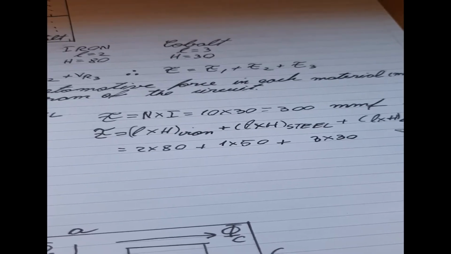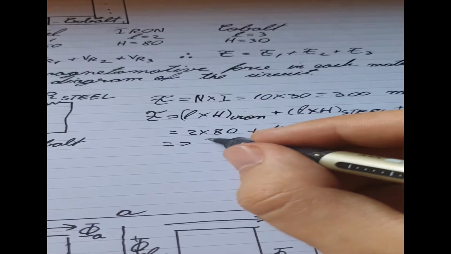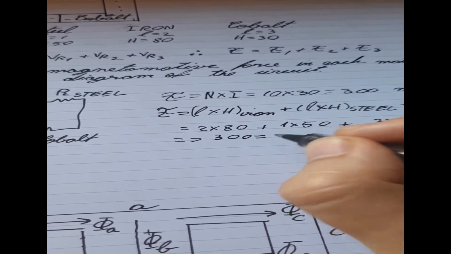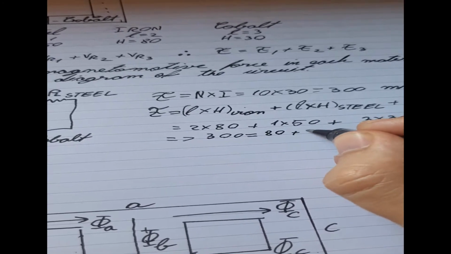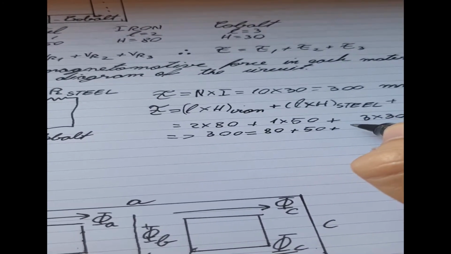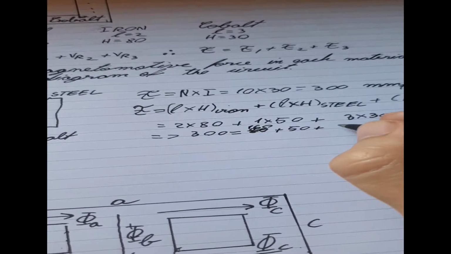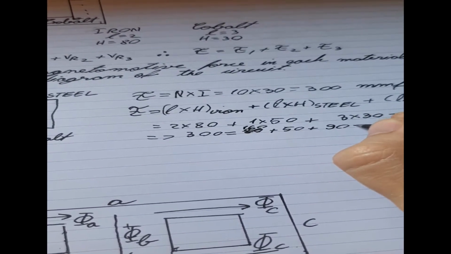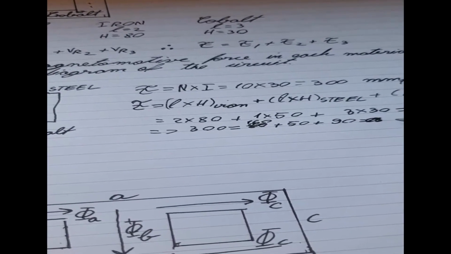Therefore all of it will be equal to 300: that's 160 plus 50 plus 90, which equals 300. And that proves that the answer is correct.